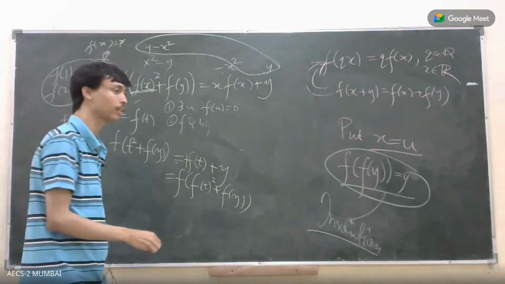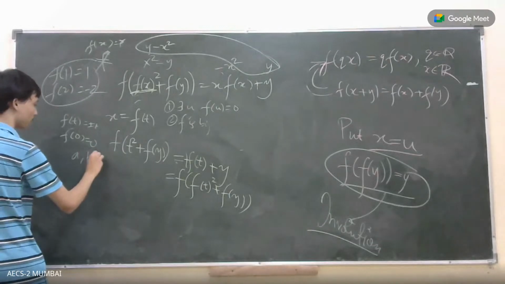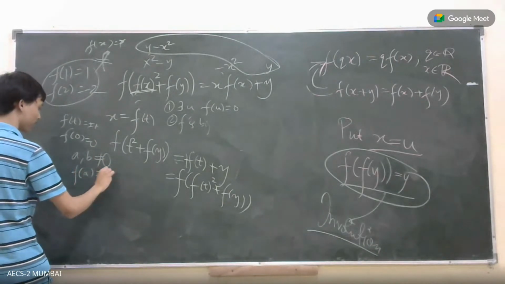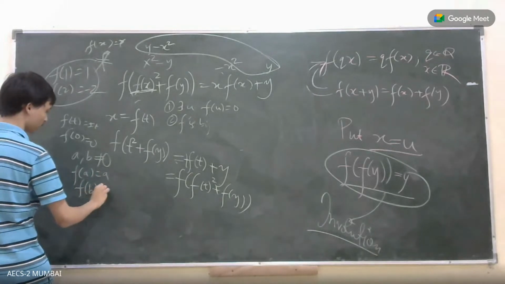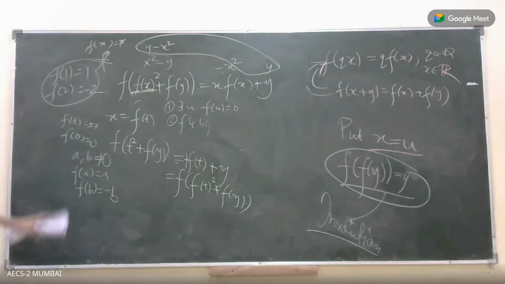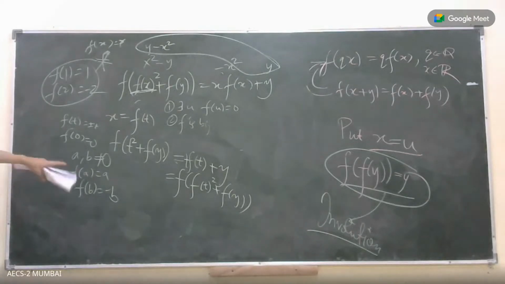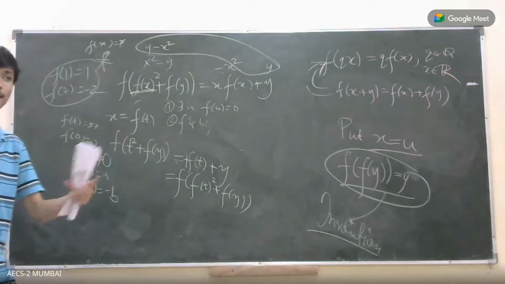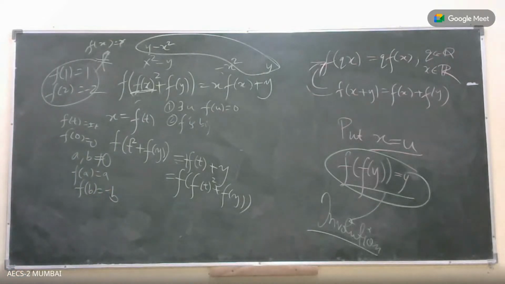Suppose we have two non-zero numbers a, b not equal to 0, such that f(a) equal to a and f(b) equal to minus b. So suppose we have a function which flips the signs in two different places. What should I do?